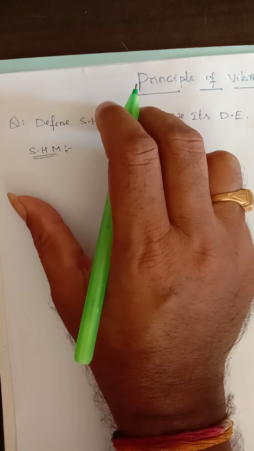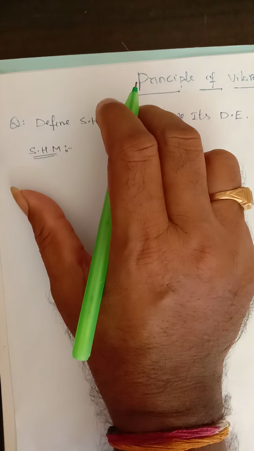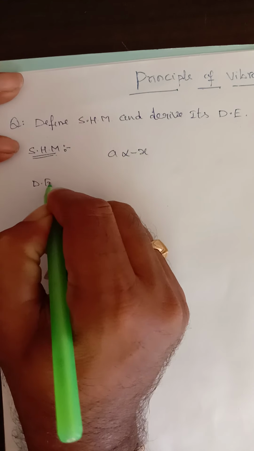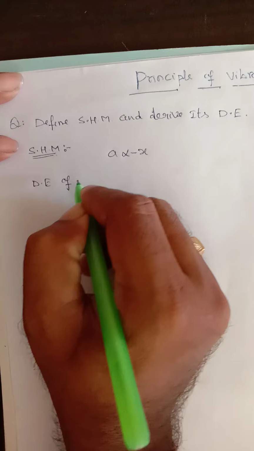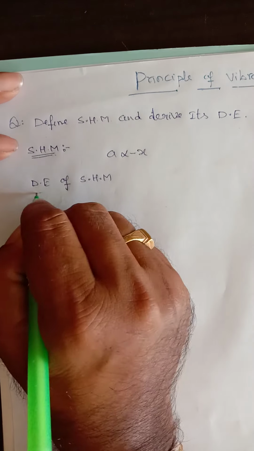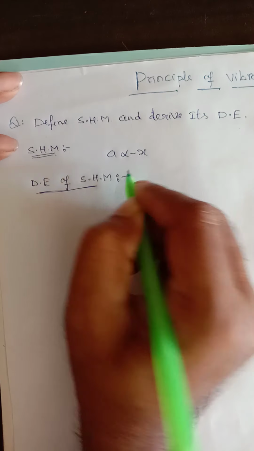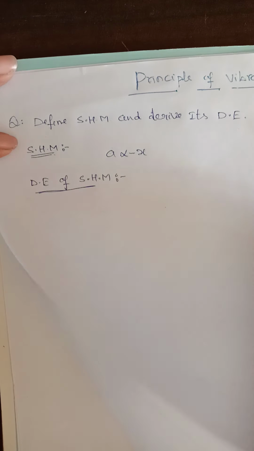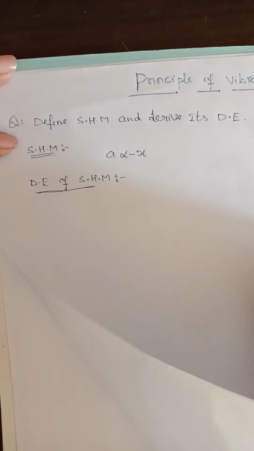So next, derive the differential equation of simple harmonic motion. The diagram shows a support from which a spring is suspended.